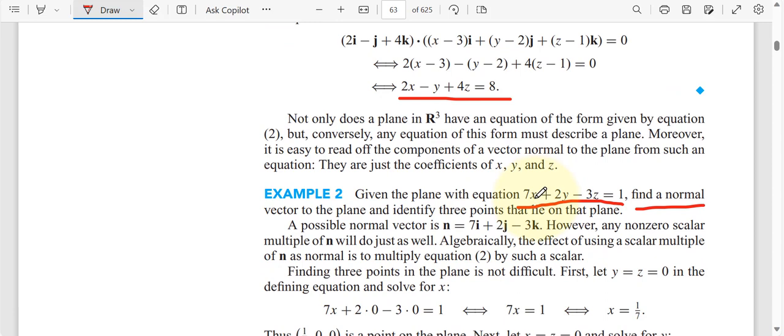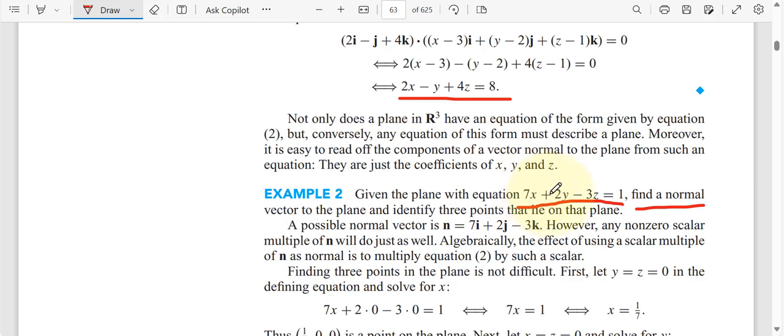So therefore, with that understanding, we can say that this 7, 2, -3 will be a normal vector to this plane. So they say a possible normal vector is 7i plus 2j plus -3k. However, any non-zero scalar multiple of n will do just as well.